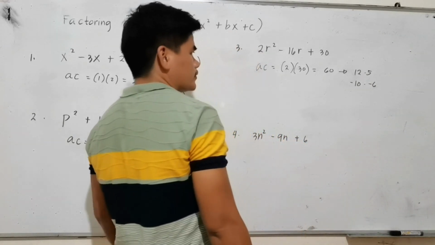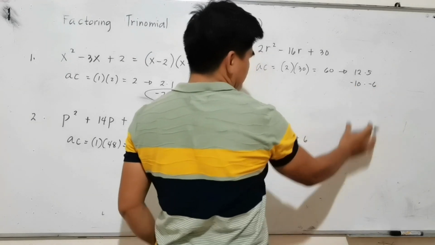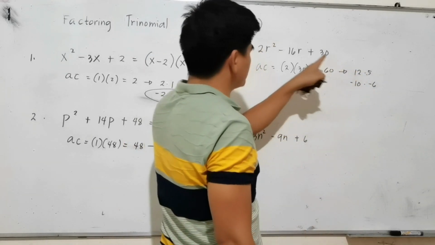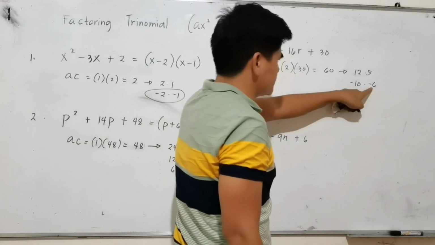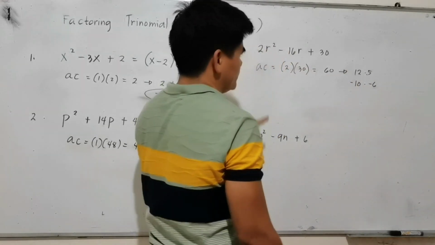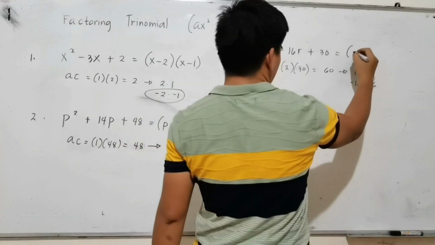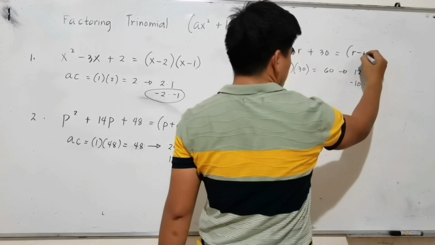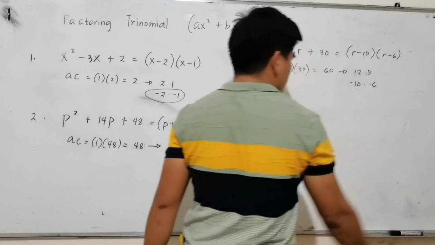Is there any other factors? So now we have the hint, right? 12 plus 5 is not 16 or negative 16. But negative 10 plus negative 6 is negative 16. So we have the factor now, r minus 10 and r minus 6.